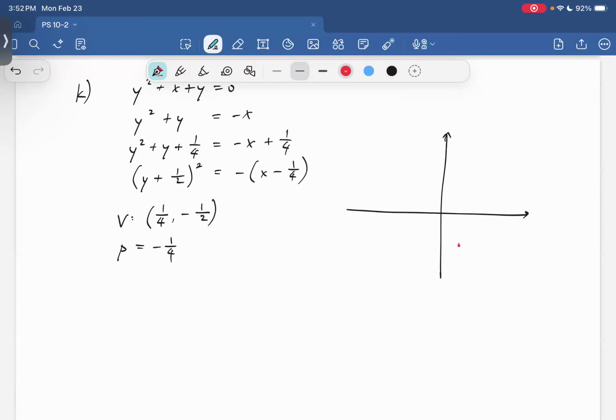The vertex is 1/4 comma negative half, and so the focus is here, directrix is there. The focus will be 1/4 to the left, 0 comma negative half, and the directrix is x equals 1/4 plus 1/4, which is x equals half.